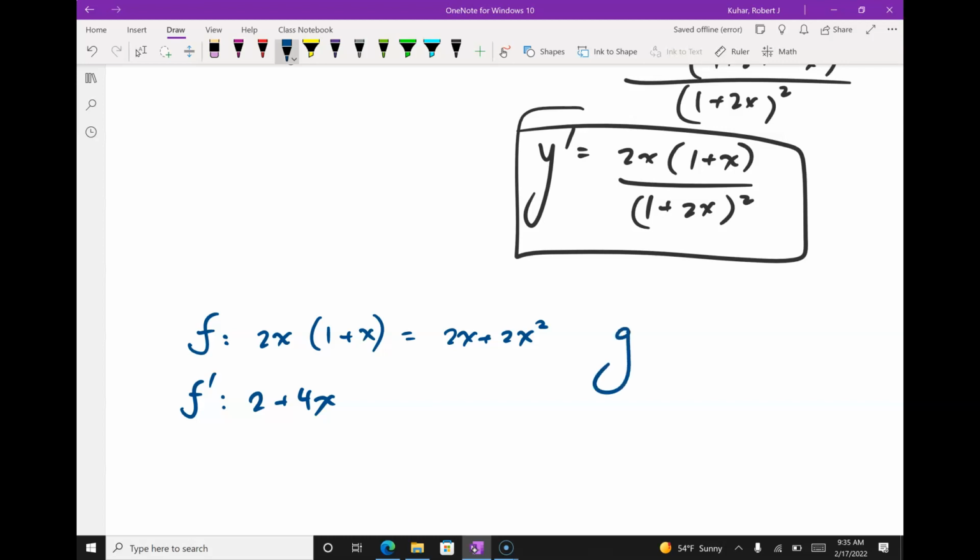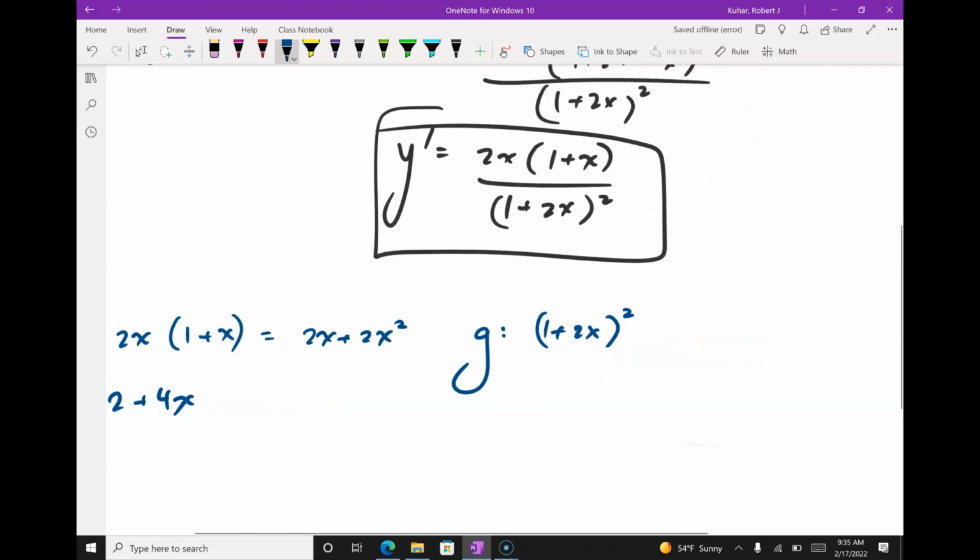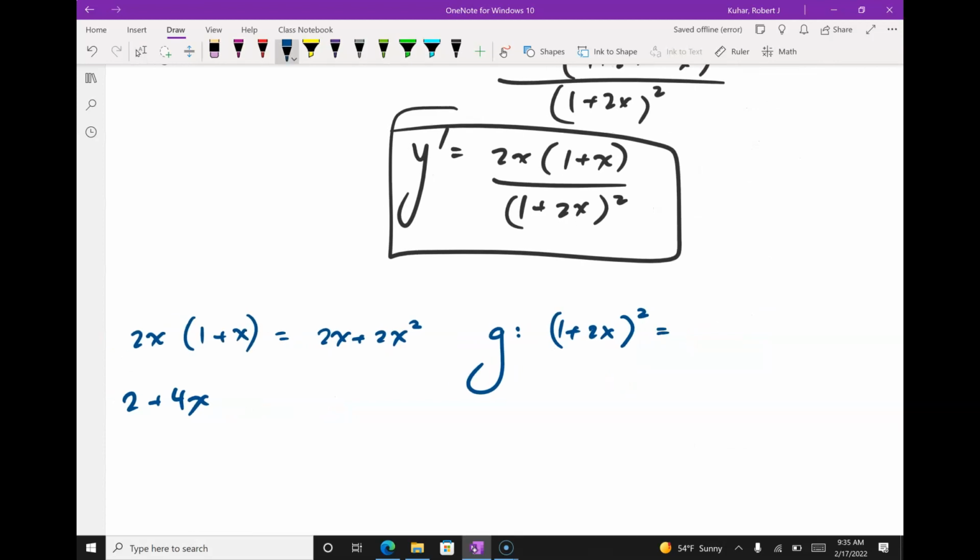My downstairs function is 1 plus 2x quantity squared. Guess what? To get that derivative, I'm not ready for the chain rule. I'm going to FOIL it out. I get 1 plus 2x times itself, right? Which is what? 1 plus 4x plus 4x squared.